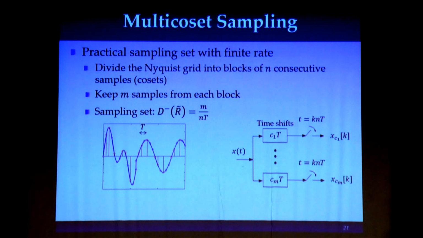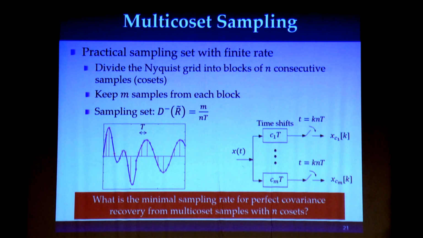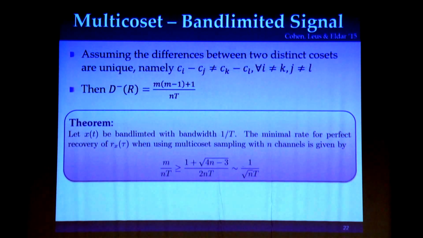So let's go back to multi-coset sampling. In multi-coset sampling, we saw that we have m channels, each sampling at the rate 1 over nT. So here the average sampling rate, or the Beurling density, is m over nT. The question is, when I'm using this specific sampler, what is the minimal sampling rate in order to recover the covariance?